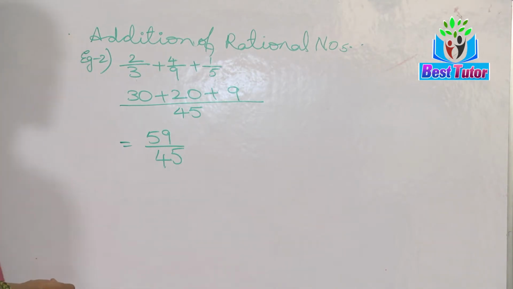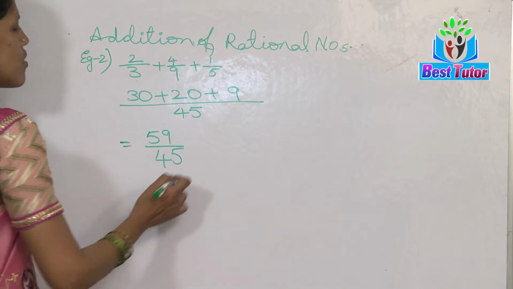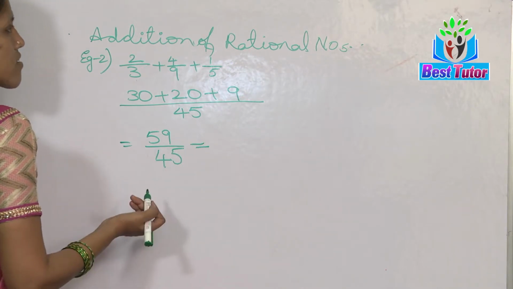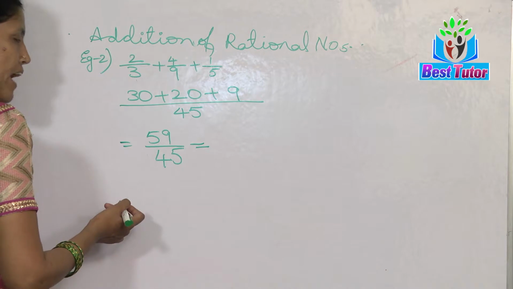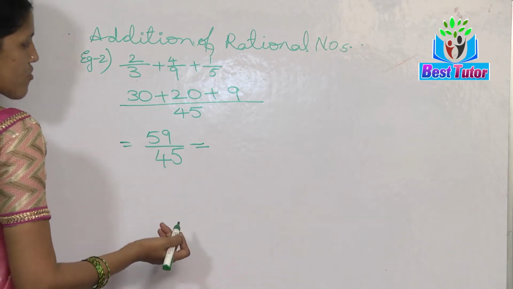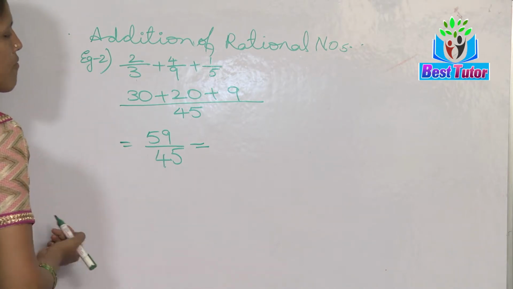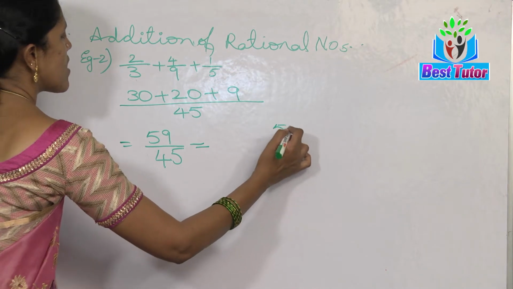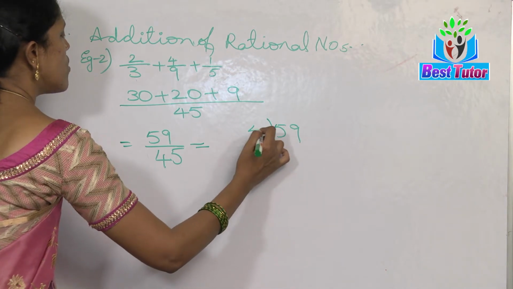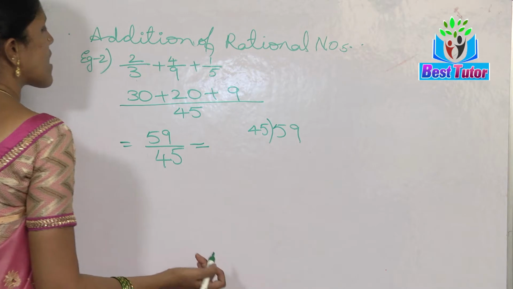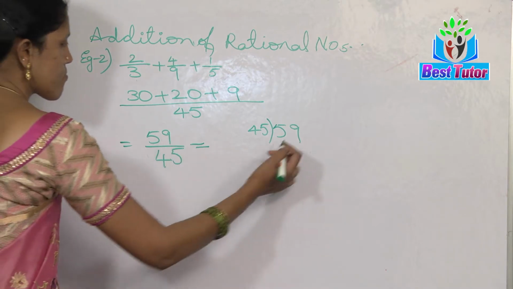Can I leave the answer like this? No. Always the answer should be a proper fraction or a mixed fraction. This is an improper fraction. So immediately we have to convert it into mixed fraction. How do we convert it into mixed fraction?